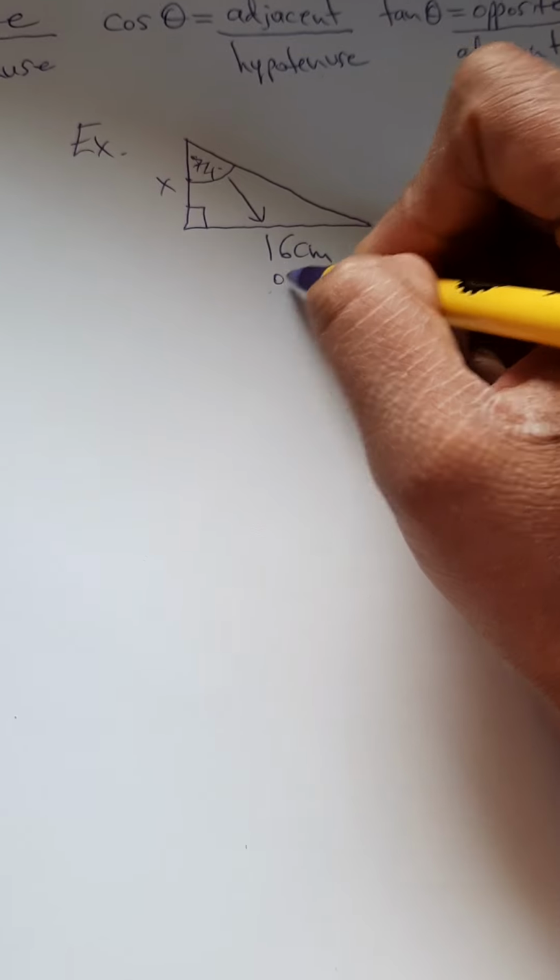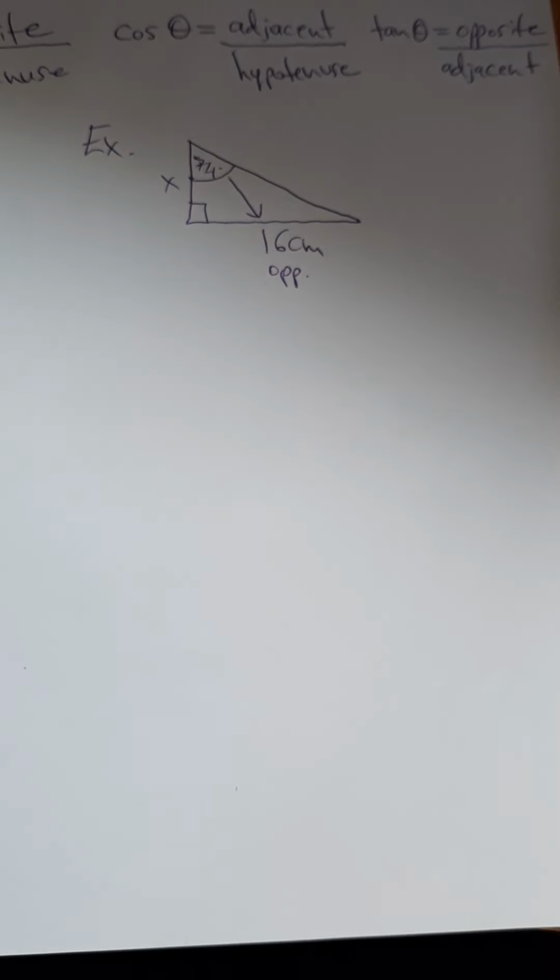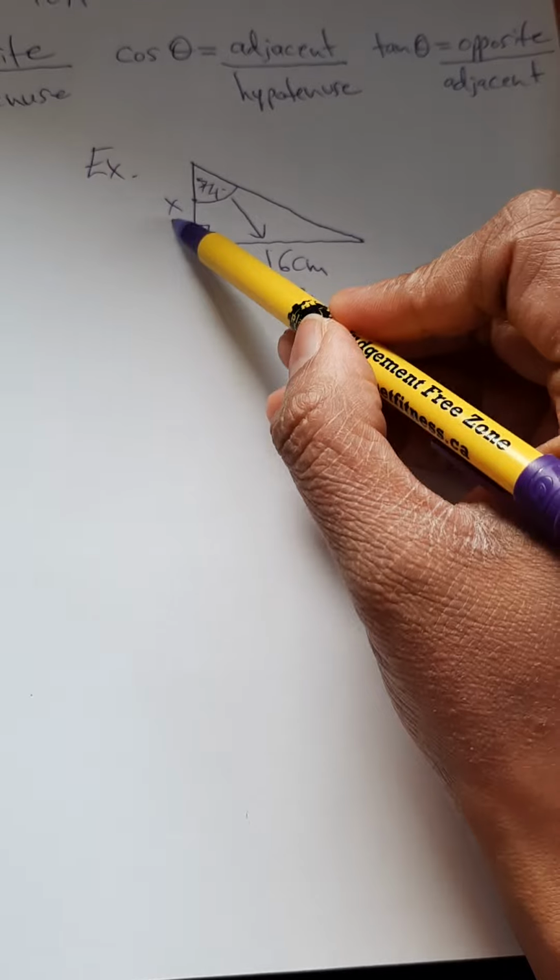Like that. So what you're going to do here, again, I have this angle right here. This is the side that's given to me. This is opposite. And you notice I always draw an arrow because it points to the opposite side of the angle. It depends on which angle you're looking at. This is the side that's right beside this angle, so we're going to put adjacent.